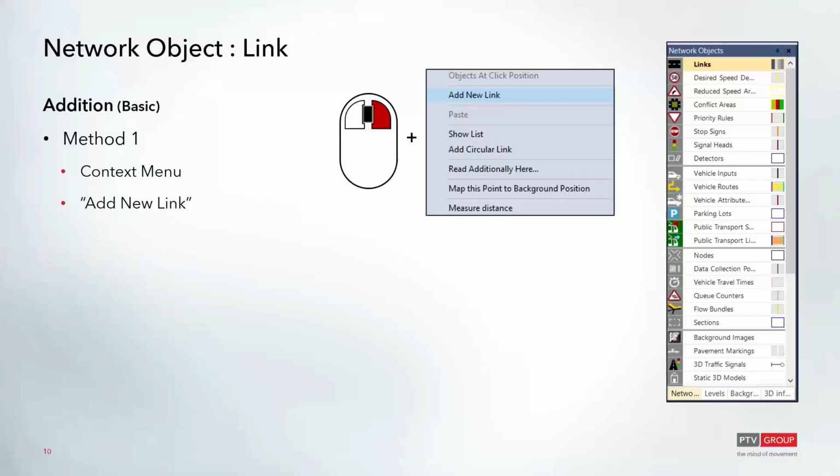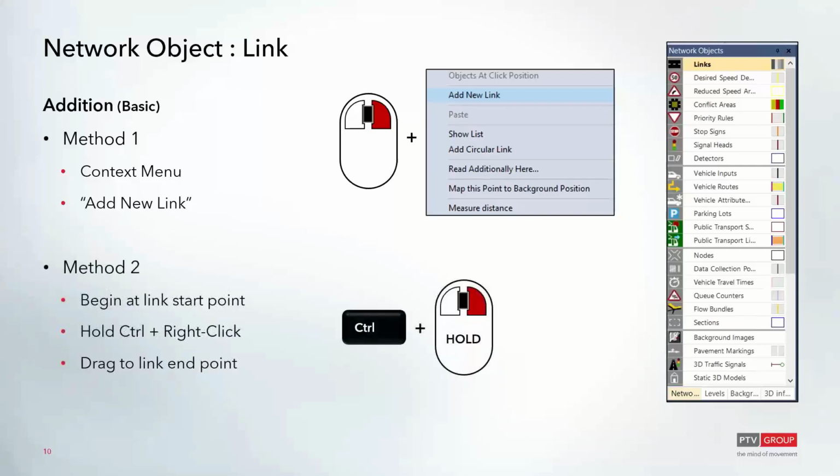The first is through that context menu, which again, in this case, will be a right-click, and then you can select Add New Link. This will just add a link of a default length, a straight link with no curvature or anything. You can also add a link by holding Control and right-click at the same time.